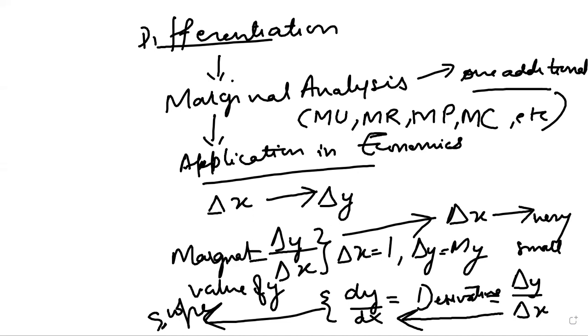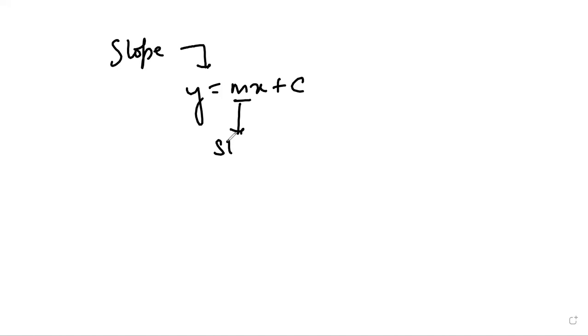We have already discussed the concept of slope in the previous video. Slope is, I told you, when we were writing y is equal to mx plus c, this m here was the slope, also known as the gradient.